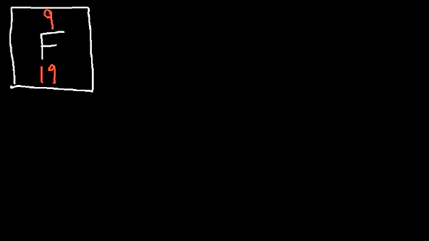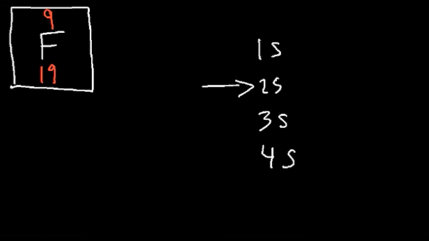Now, in electron configuration, you have things like 1s, 2s, 3s, 4s. In the first level, 1 is the energy level, and you only have one orbital, s. In the second energy level, 2, there are 2 sublevels, 2s and 2p. In the third energy level, there are 3 sublevels, 3s, 3p, 3d.